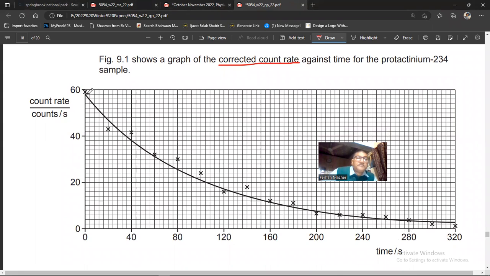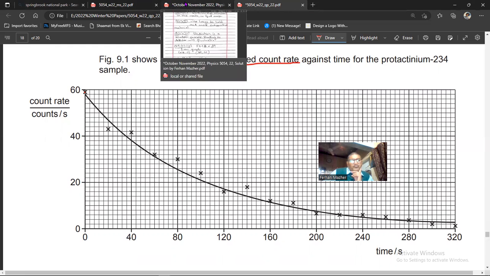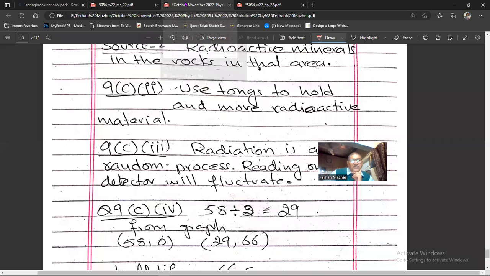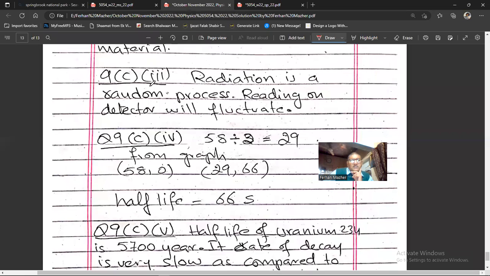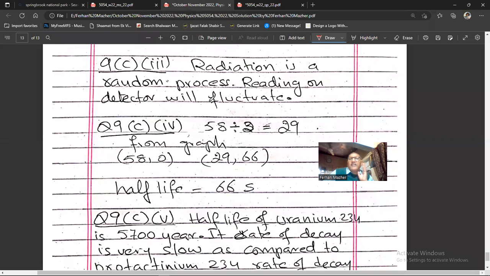So here, what will be the reading? I think it's 58, 59, something. Okay, so the reading is 58.